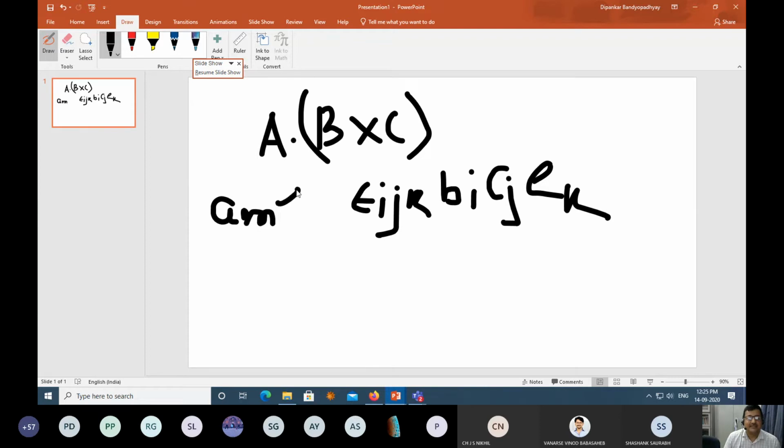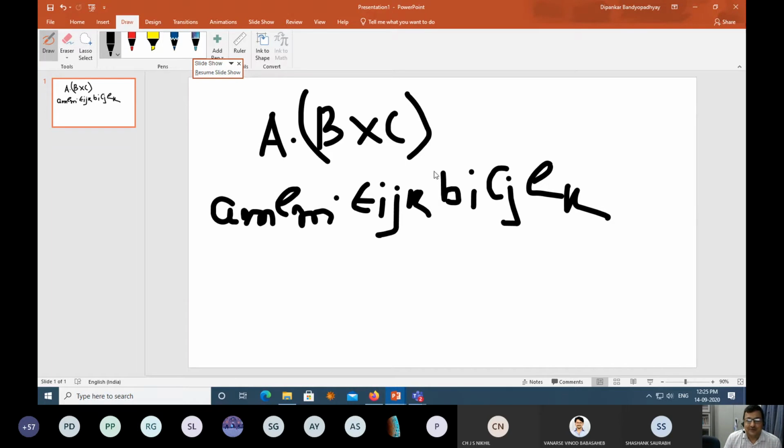I choose another index which is other than ijk, am, en, and then I have a dot product. So I have first evaluated B cross C, which is also a vector. This I have expressed like that, and then I have expressed am, em like this, which is the vector here, and then I have to have a dot product between these two.